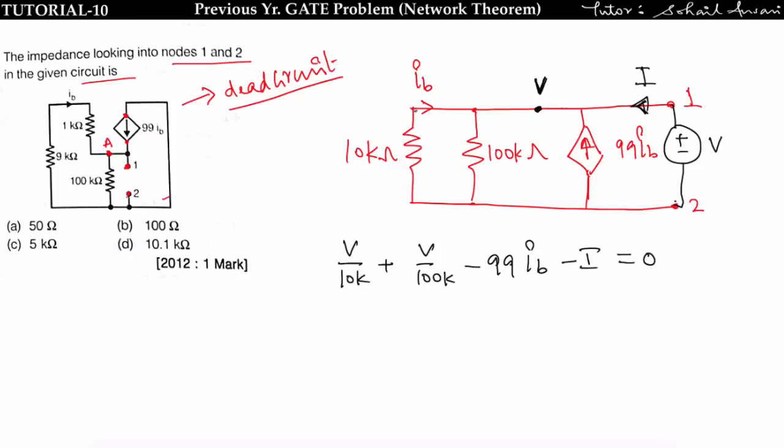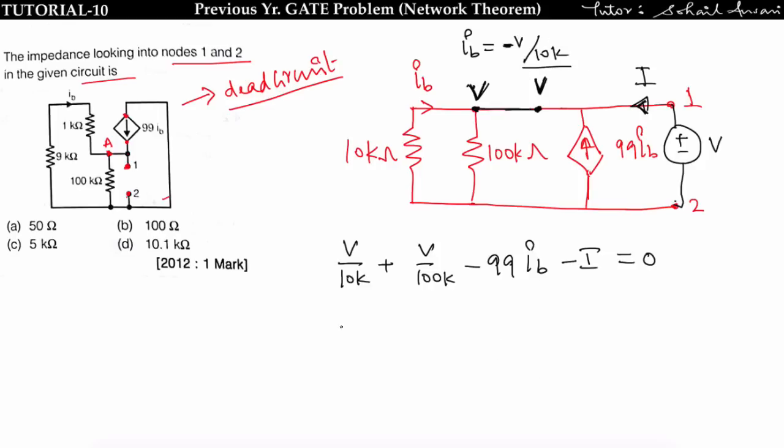Now we can write IB is equal to minus V upon 10k. How? See, this is at V, same potential. So this is at V, means this IB current is flowing from lower potential to higher potential, means it will be negative. That is given by V upon 10k.